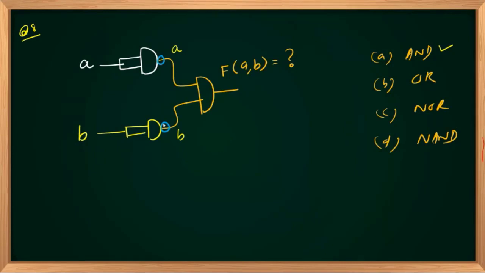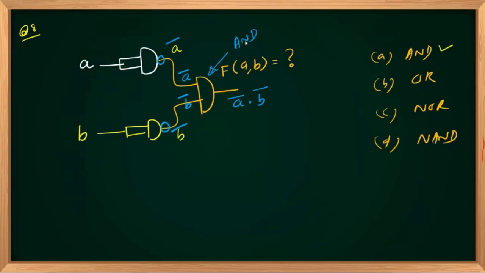It's very simple. A dot A whole complement is A complement. B dot B whole complement is B complement. Right? Very simple. And this will be the product of what? A complement here, B complement here. So this is the product of A complement and B complement because the last gate is an AND gate.